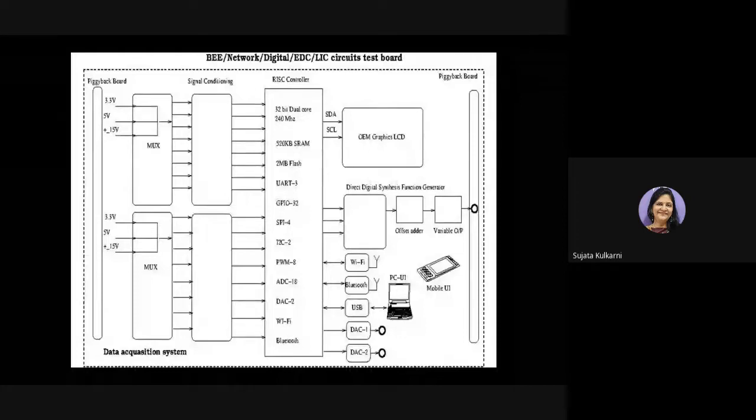So irrespective of the subjects, whether it is BEE, network, digital electronics, electronic devices and circuits, or linear integrated circuits, your op amps and transistors may be operating on 15 volts or minus 15 volts. But finally, when you give it to the ADC, it should be 0 to 3.3 volts.